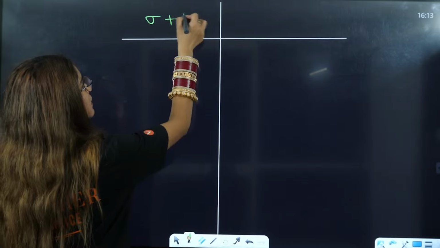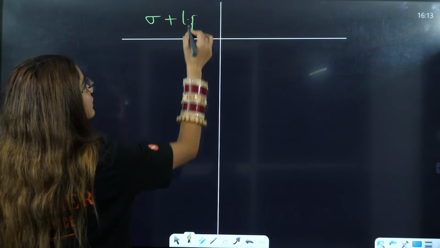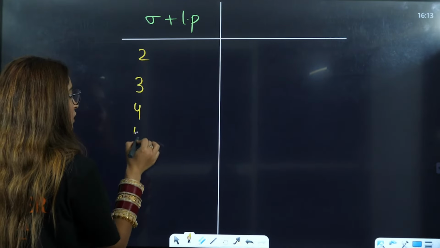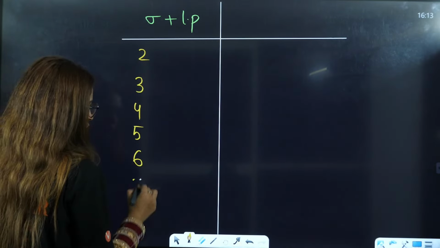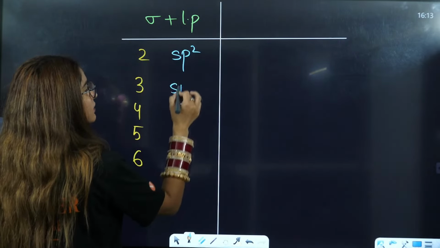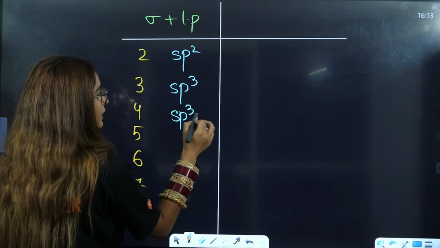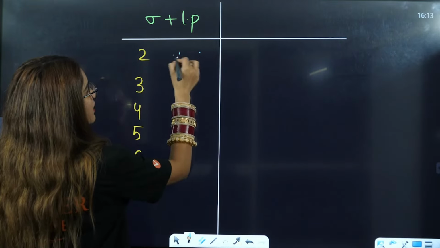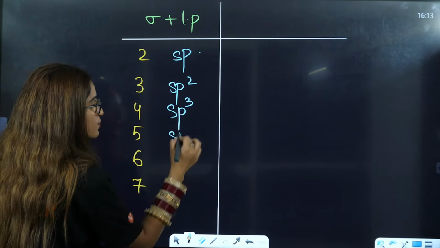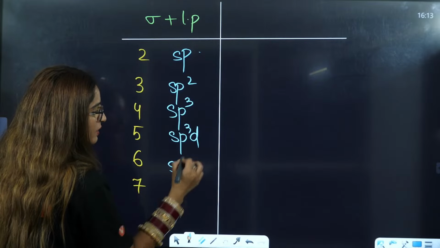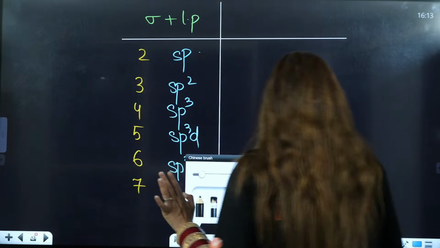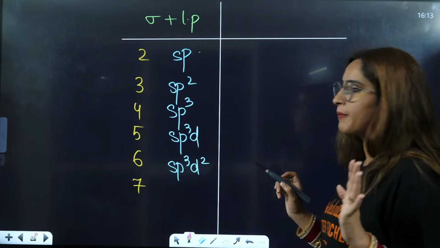Sigma plus lone pair, if it is 2, 3, 4, 5, 6, or 7, it is sp, sp2, sp3, sp3d, sp3d2, and the seventh one is pentagonal bipyramidal.